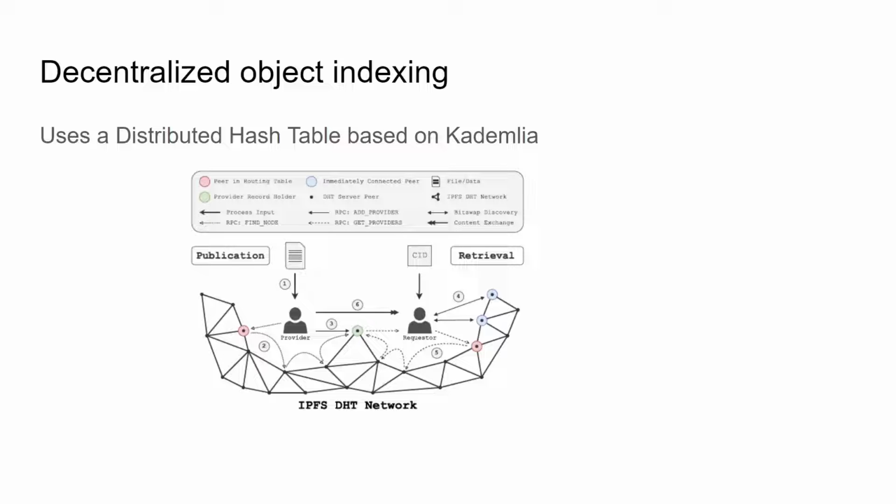The first concept is decentralized object indexing. IPFS uses a distributed hash table that is based on Kademlia to locate data objects. So it uses the exclusive OR distance with its hash to ideally prioritize neighbors that are closer, based on hash distance rather than physical distance, physical distance not being a factor when traversing the distributed hash table.